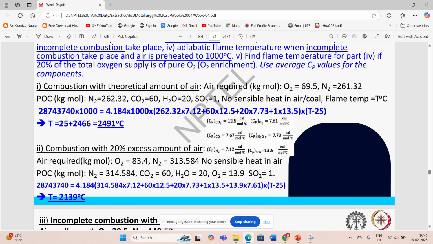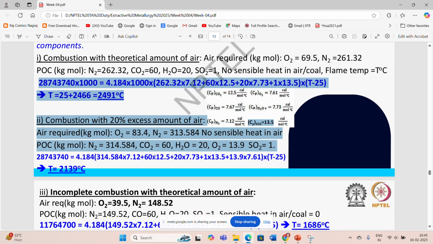Okay, so on the basis of the theoretical amount of air, we have calculated the products of combustion during the process, and we are taking the assumption that no sensible heat in air or coal is there. So flame temperature equals T degrees Celsius, and it can be calculated according to the formulation. Then combustion with 20% excess air: the POC is going to change, so according to the new POC amount, we can calculate this adiabatic flame temperature.